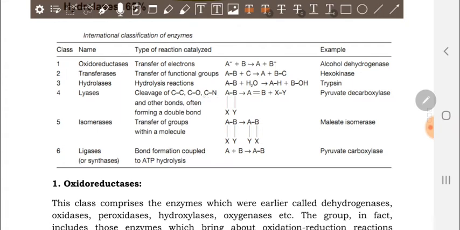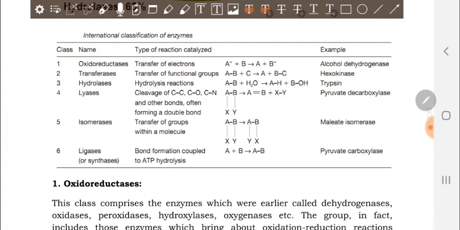Any bond-cleaving reaction is called a lyase. For example, the bonds between A and X and between B and Y are broken, a double bond A=B is formed, and the remaining X and Y form a bond.